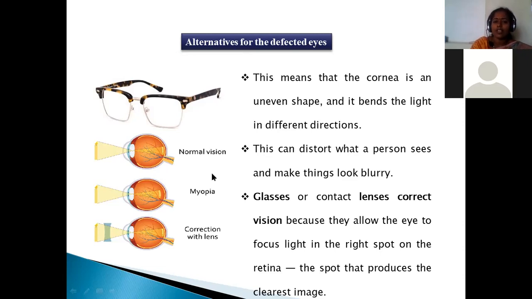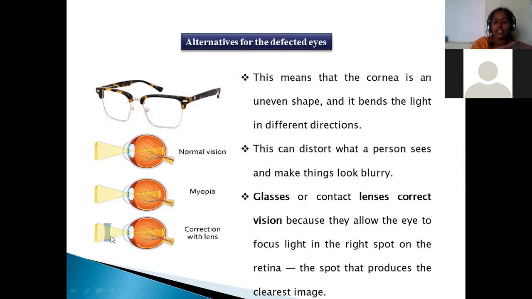Here normal vision is possible in this way. Whenever myopia is there, the exact picture does not fall on the retina. Instead, it forms a picture in front of the retina only. That's why objects are not clearly visible to persons suffering from myopia.